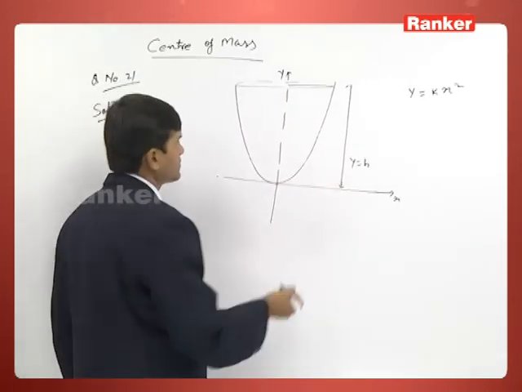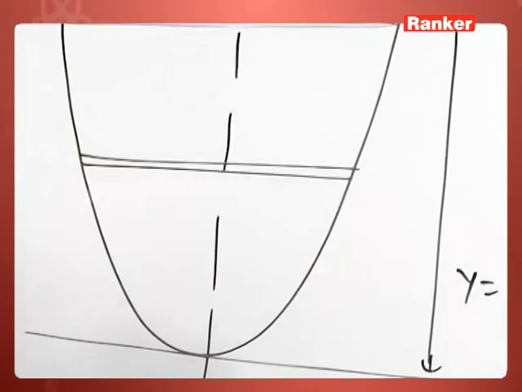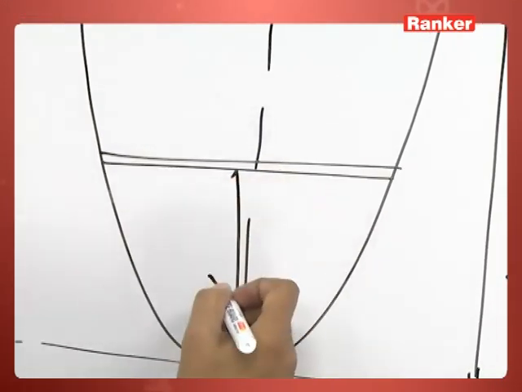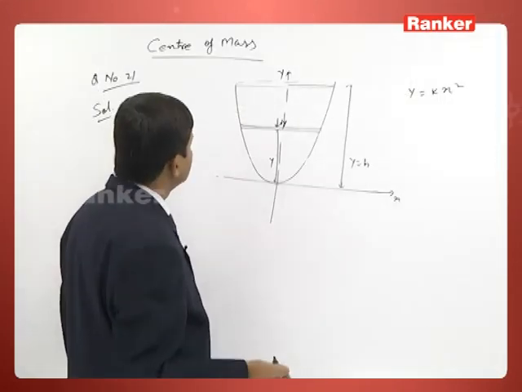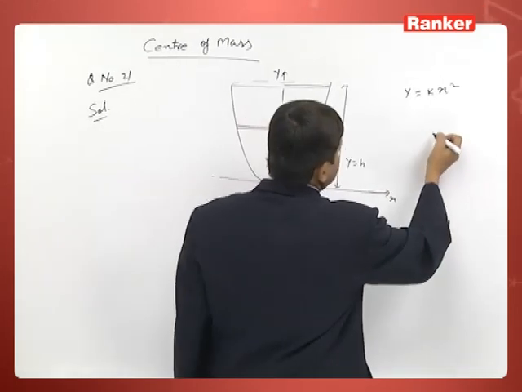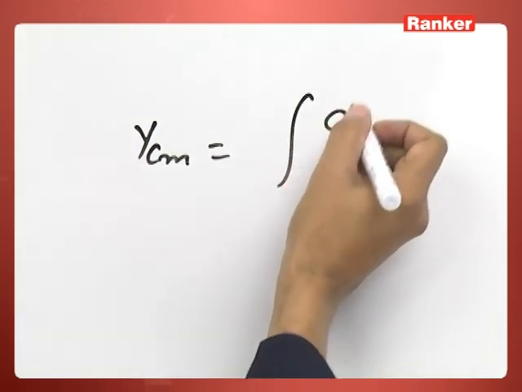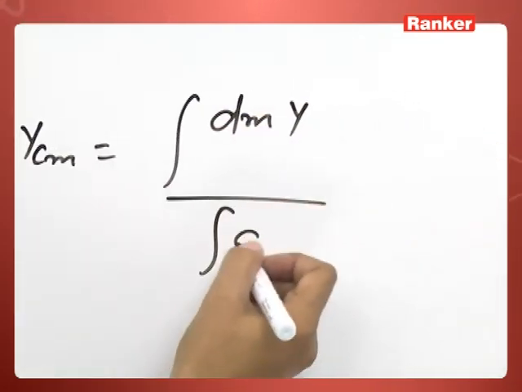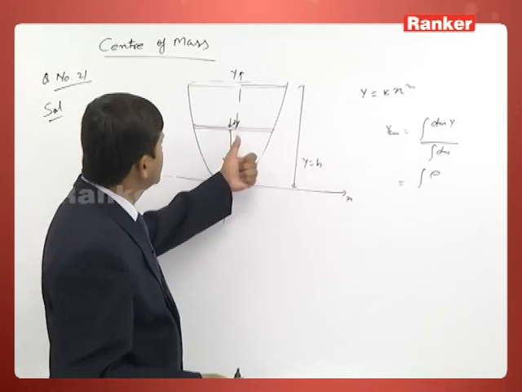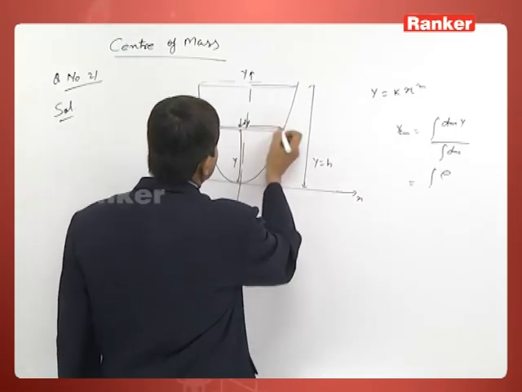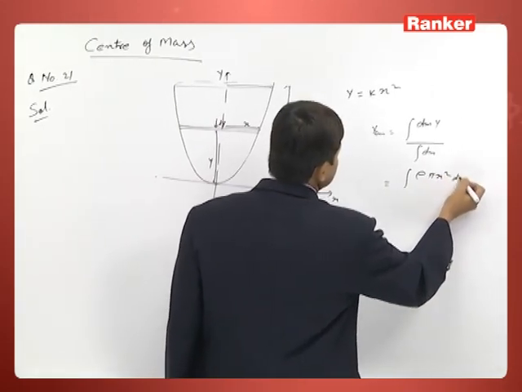Then how to calculate? See, I am considering a disk here at y distance, and this here is dy. So the center of mass: y cm is the integral of y dm over dm. dm is rho, the density per unit volume, times pi x square into dy.